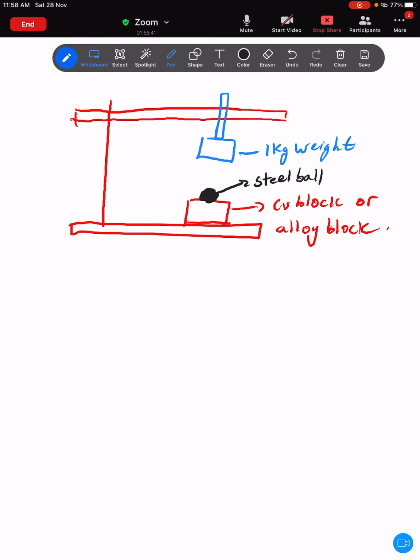And also guys, you nak ukur dia punya panjang, you kena ada pembaris, a ruler. Okay, you have a ruler over here. Of course, pegangkanlah pembaris tu with the retort stand.